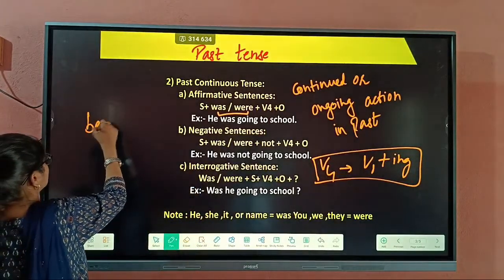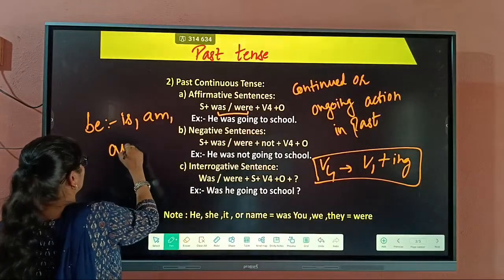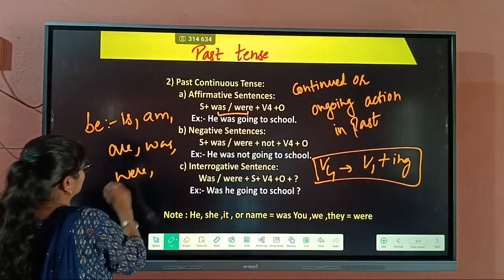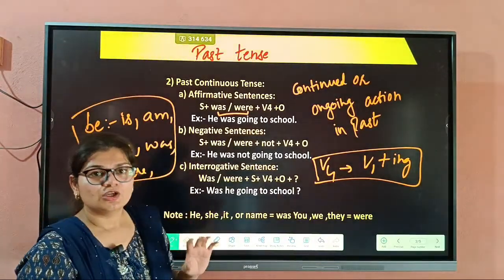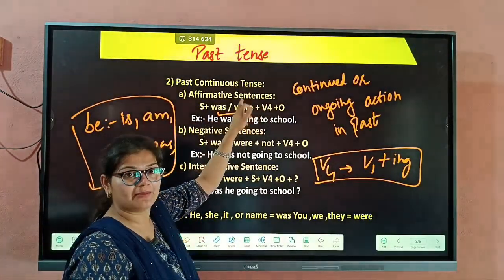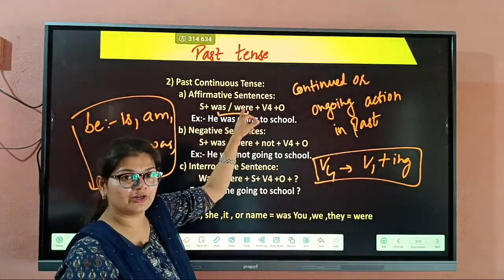In be verbs, there are is, am, are, was, were. This is all included in be. So, in the present, we use is, am, are, okay. And in the past, we use was, were.